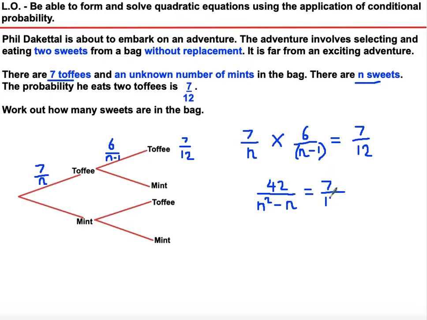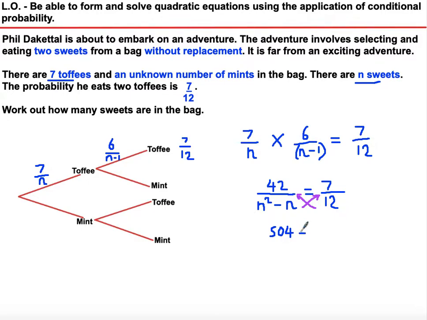Now, at this point we can cross multiply. It's always a good idea to remove the denominators when you're dealing with algebra and trying to resolve equations. So we'll times the left-hand side by 12. 42 times 12 is 504. You can use a calculator for that, or the brainulator: 10 times 42 is 420, 2 times 42 is 84, add them together, you get 504.